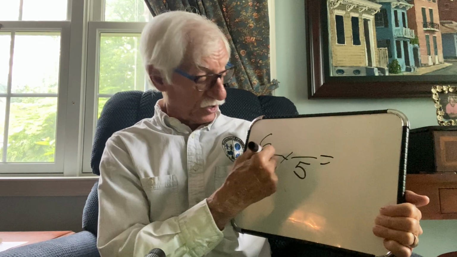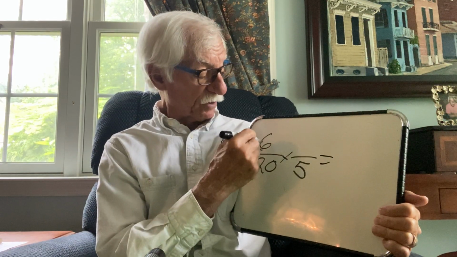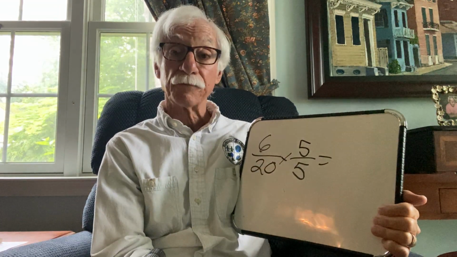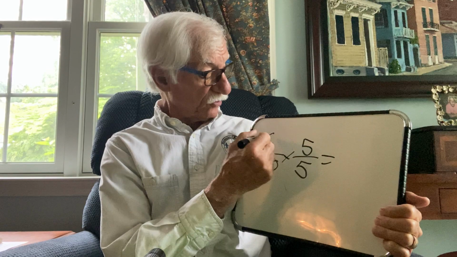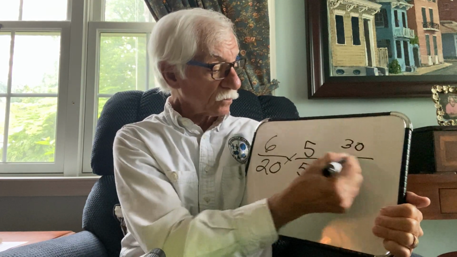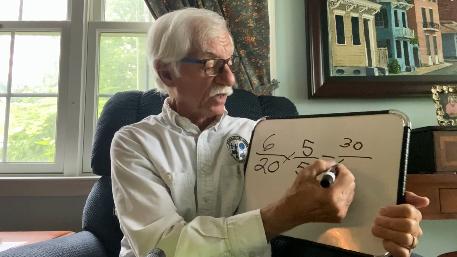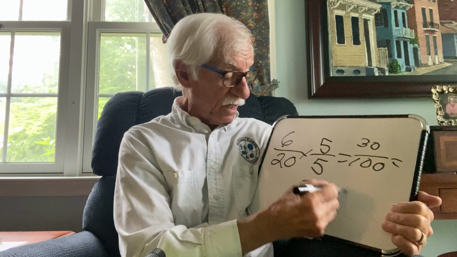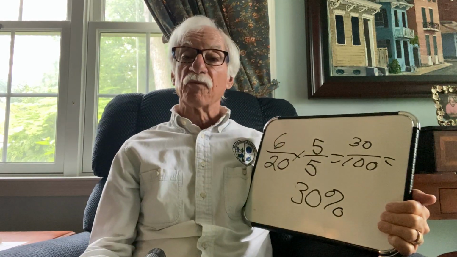But for that equality to still be equal, I have to multiply the numerator by 5 as well, because 5/5 is just 1. So 6 taken 5 times equals 30. And 20 taken 5 times equals 100. So Lance, not a bad hitter. Lance gets 30% hits for every 20 times he goes to bat.